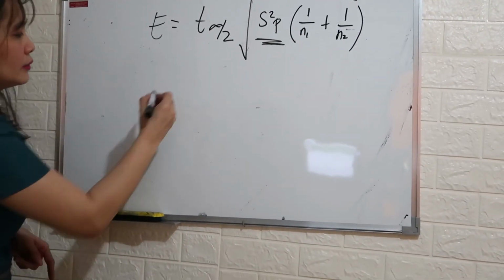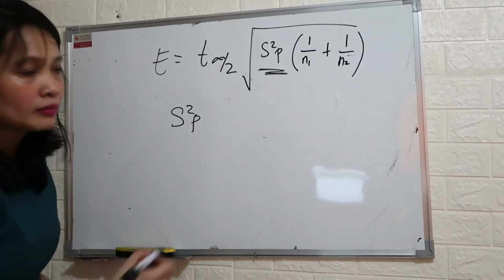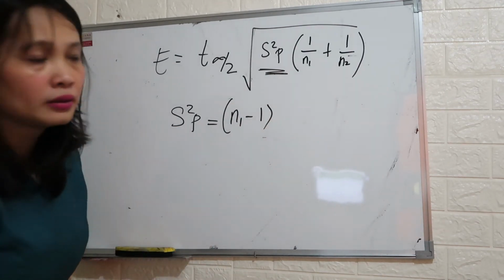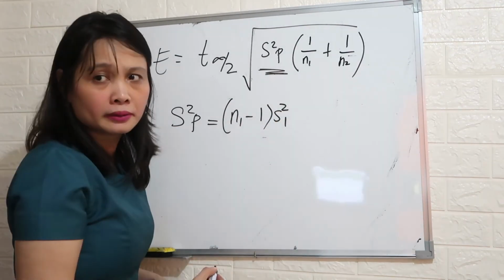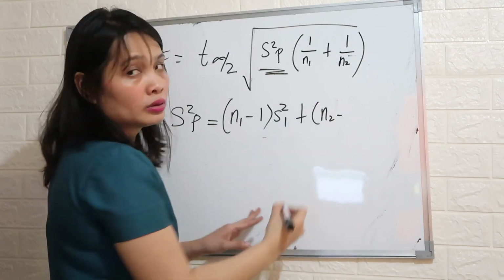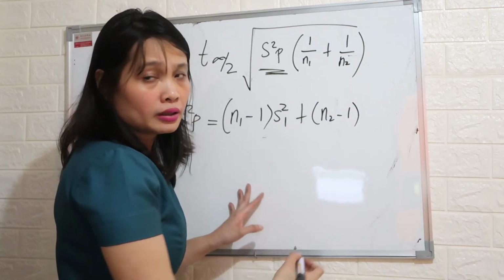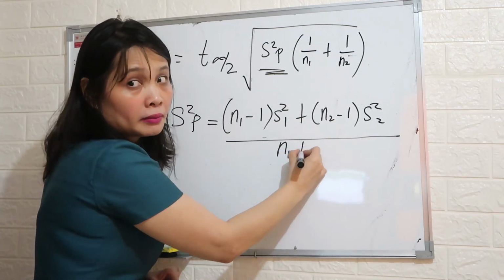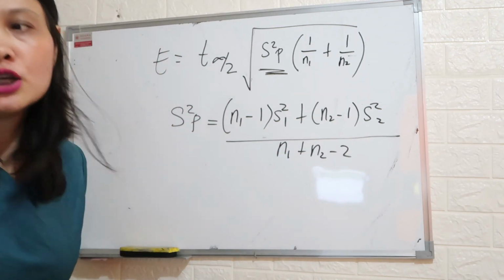Remember the formula? S squared P is equal to n sub 1 minus 1 times S squared sub 1 plus n sub 2 minus 1 times S squared sub 2, over n sub 1 plus n sub 2 minus 2. Okay? So that's the formula.